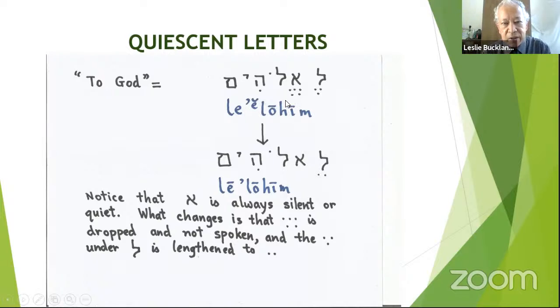But it can't stay like that. So I have an arrow drawn down. The Aleph, which is normally silent, quiesces or becomes quiet even further. And when it becomes quiet because of the presence of this preposition, which is before it, what happens is that the Katef Segol, the composite Shawa that was originally under the Aleph, drops out.